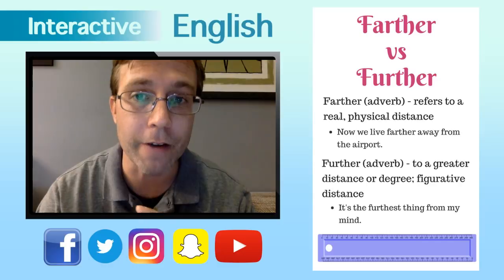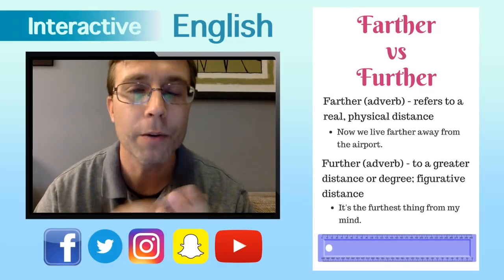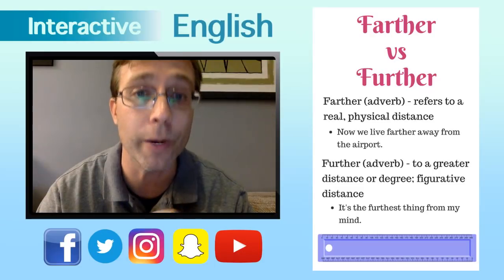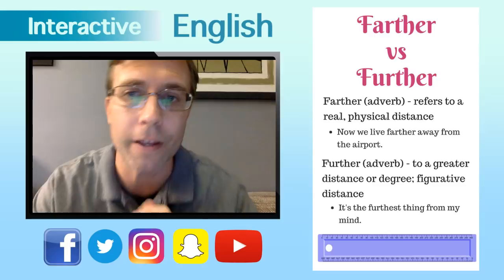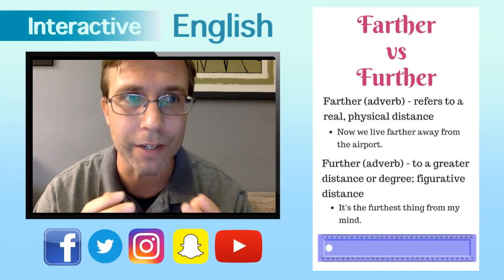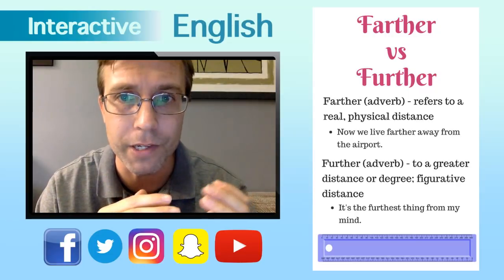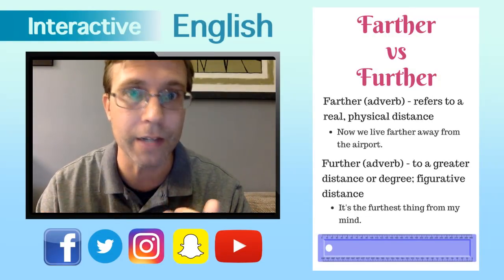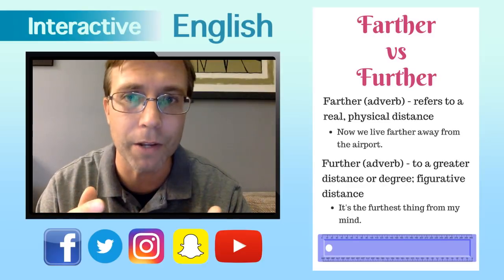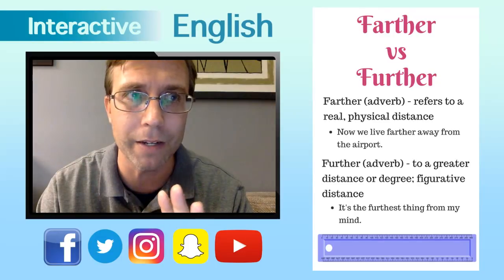That is different than further, because when you're talking about further, technically it's to a greater distance or degree, but you can also think of it like a figurative distance, all right? Not something that you can say how many kilometers it is. So for example, a common sentence that you might hear is somebody says, well, it's the furthest thing from my mind, all right?